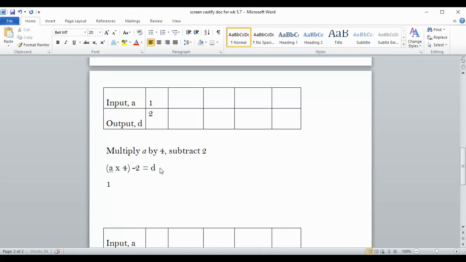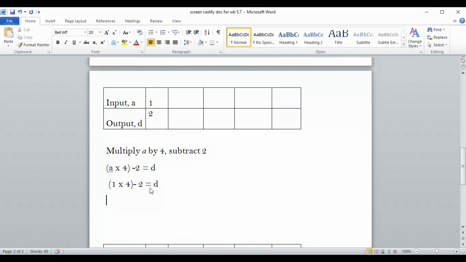I would say, okay, 1 times 4 in parentheses, and I highly encourage you to write it out. So 1 times 4 minus 2 equals D. And 1 times 4 here is 4.